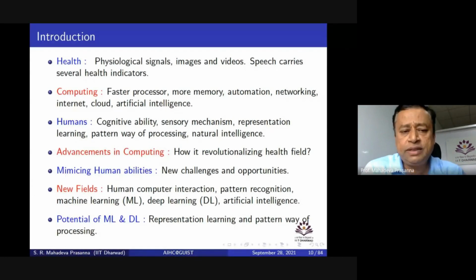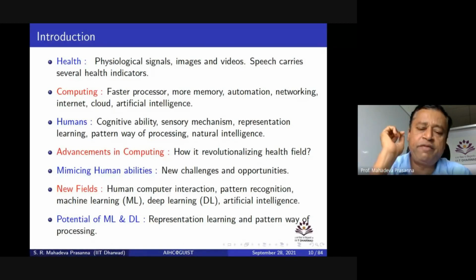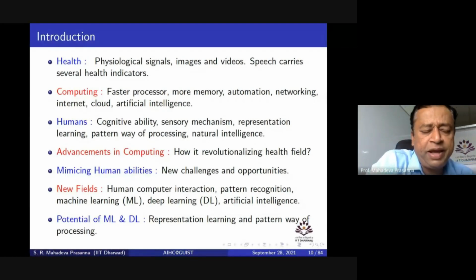Third, human experts, whether clinicians or doctors, make use of their cognitive ability and sensory mechanisms to do what we call representation learning and pattern-based processing, and based on their rich experience, which we call natural intelligence, they are able to make judgments.